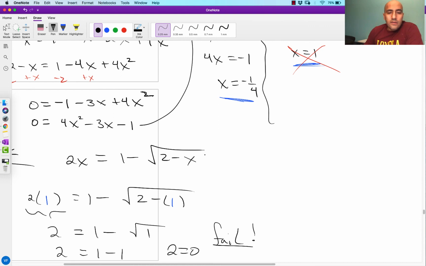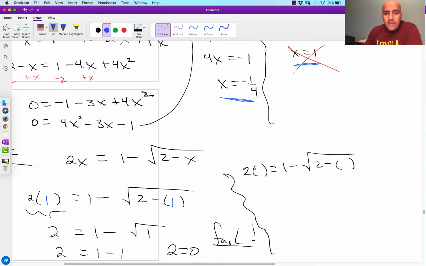The other one is going to be this. We get 2 times blank is equal to 1 minus the square root of 2 minus blank. And I'm going to check to see if, in fact, it's negative 1/4. Negative 1/4 goes there. Negative 1/4 goes there. And see what we get.